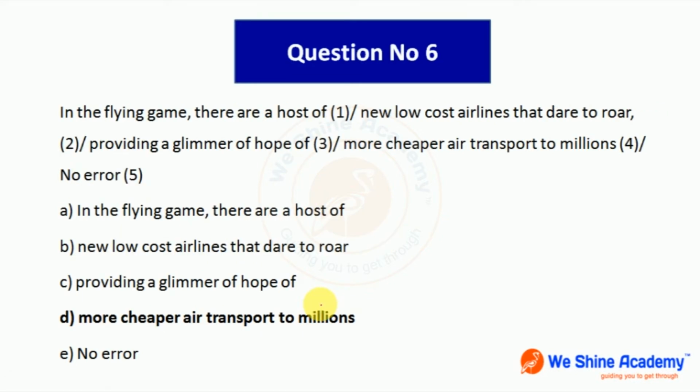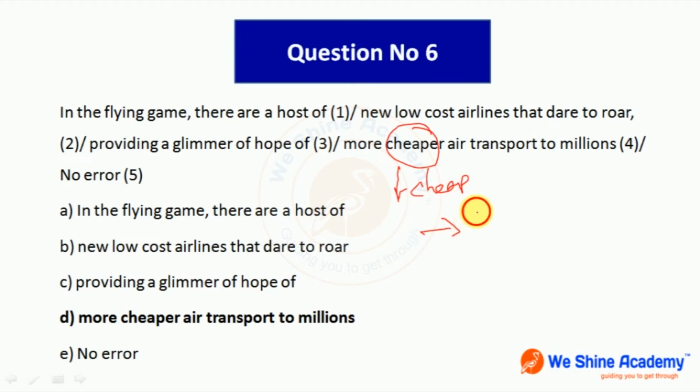Question number 6. In the flying game, there are a host of new low-cost airlines that dare to roar, providing a glimmer of hope of more cheaper air transport to millions. Here millions means many people. Here the word is cheaper. Cheap is an adjective. You are all familiar with the concept of adjectives. An adjective has three forms: positive, comparative and superlative.